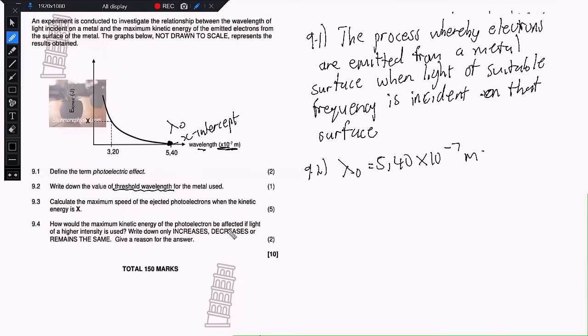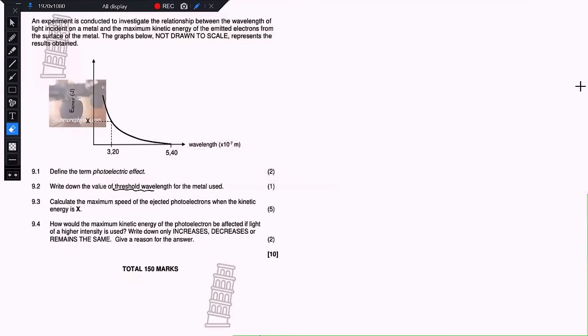And then 9.3 says calculate the maximum speed of the ejected photoelectrons when the kinetic energy is x. So, okay, to deal with that one, we obviously need our main formula here, which is E is equal to the work function plus the EK max.